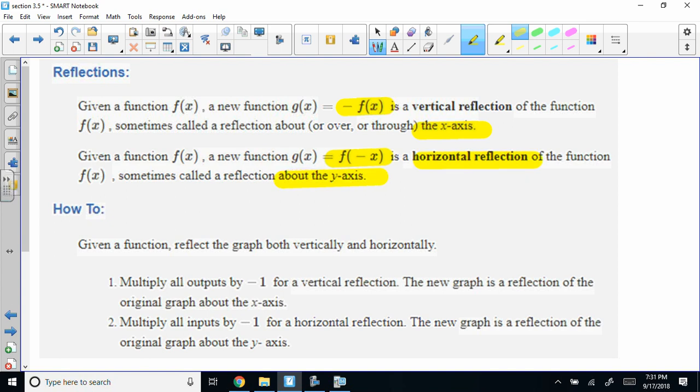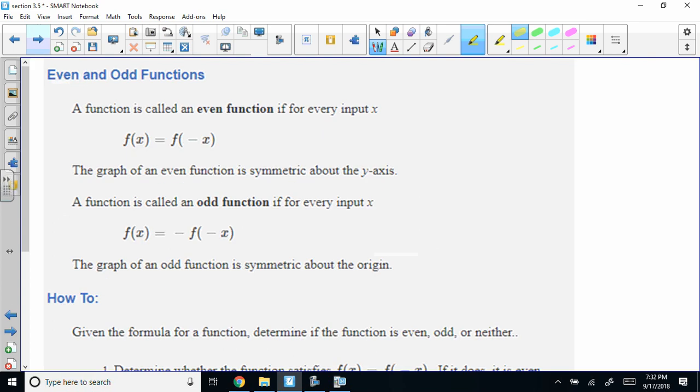And if you think about it, if you're reflecting about the y-axis, who changes? The x values, right? So that's why it makes sense that it's internal, f of negative x, right? So we're going to refer back to these. You got to make sure the understanding of these reflections and shifts are basically what's going to happen in the next couple of problems.